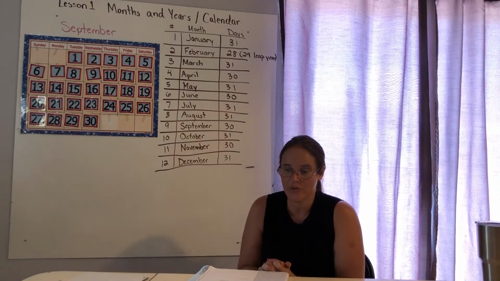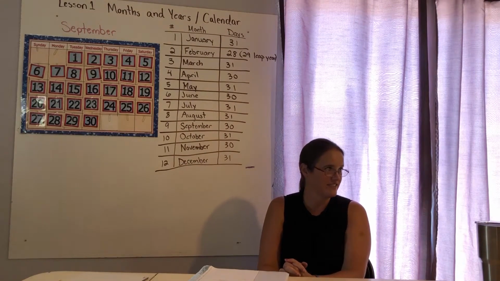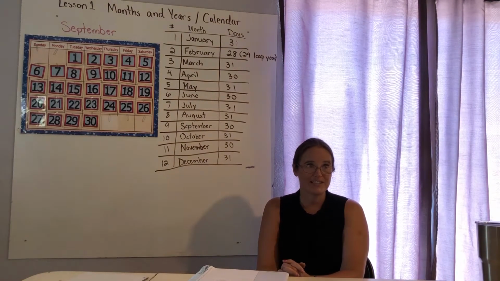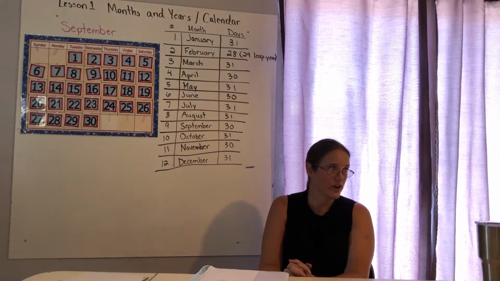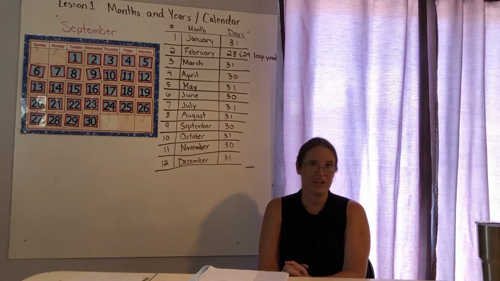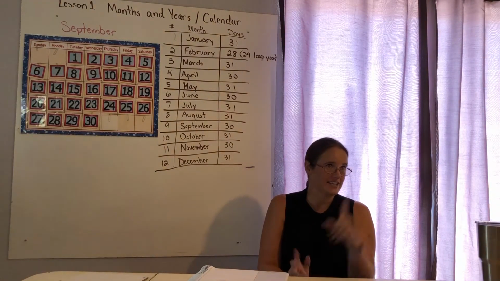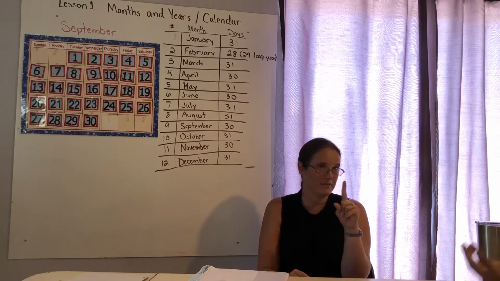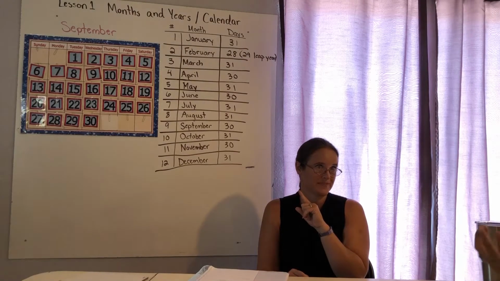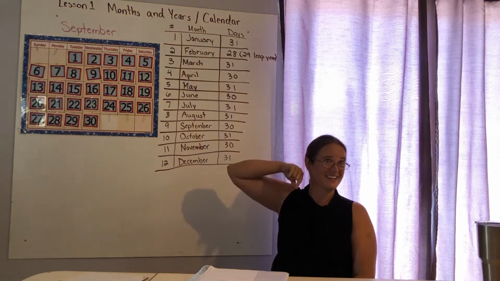You need to know that a common year has 365 days. So if anybody ever asks you how many days are in a year, we usually assume they're talking about a common year, and so we say 365 days. A leap year has 1 extra day. So how many days would be in a leap year? 29? No, that's the month of February.